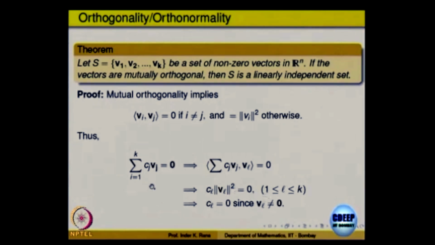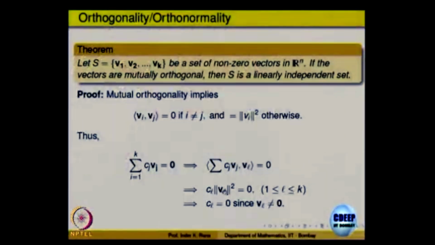So what we are saying is if a linear combination of an orthonormal set is 0, then each coefficient must be 0 simply by taking the dot product on both sides with each vl. Only one term in the sum will survive, when j is equal to l, and that gives you cl times norm squared being 0, and this norm being 1, cl is equal to 0.